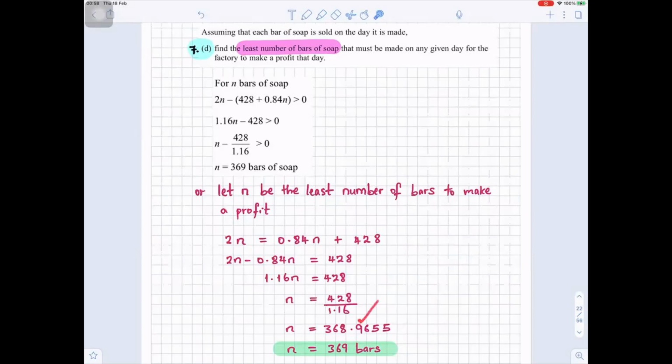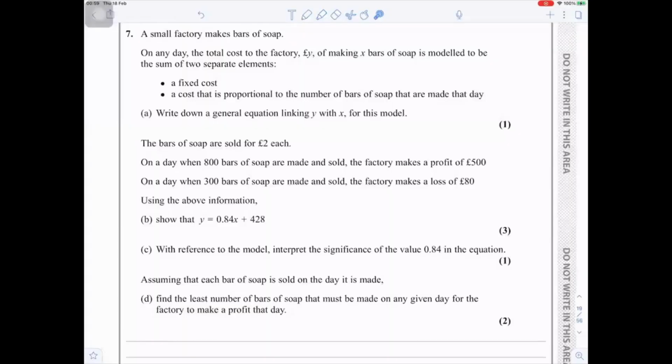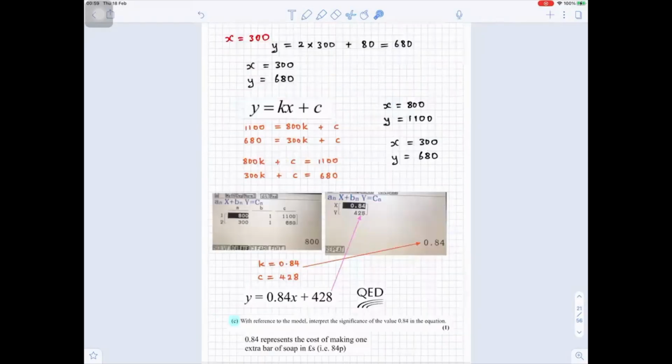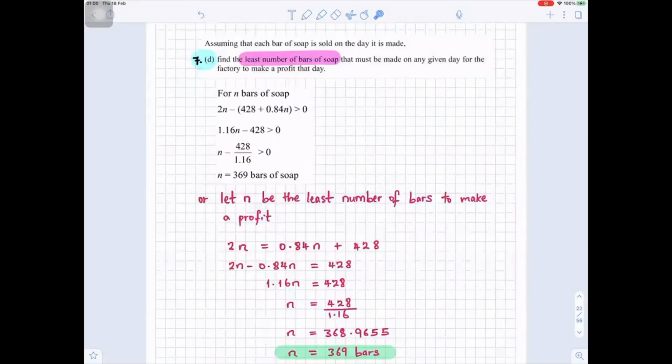And you cannot have 0.9 of a bar of soap, so you got to round to 369 bars. That's question 7, question 7a and part of b. That's the rest of question 7b and question 7c and question 7d.